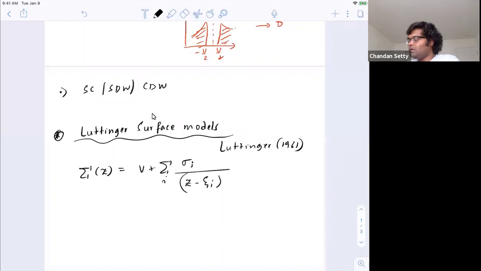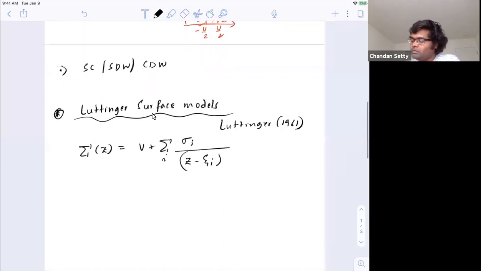In general, it's always possible to do this for a self-energy. In simple cases, such as a Fermi liquid, all of these simple poles act in such a way that the total self-energy is regular. So sigma is a regular function for a Fermi liquid.